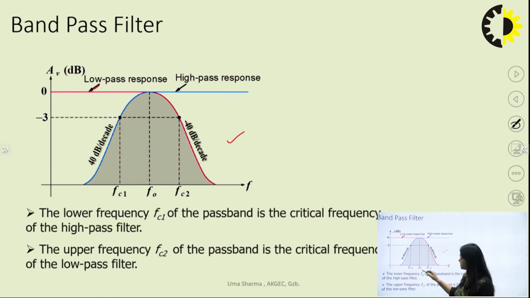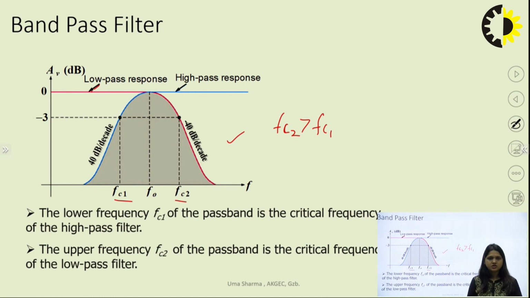Here there are two critical frequencies, FC1 and FC2. FC1 is known as the lower cutoff frequency, whereas FC2 is known as the higher cutoff frequency, and definitely FC2 should be greater than FC1. Then only you can achieve this curve, otherwise you cannot achieve this type of curve. The dotted line represents the ideal response of a band pass filter.